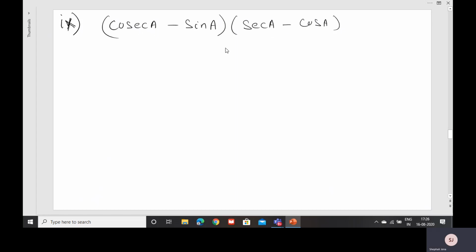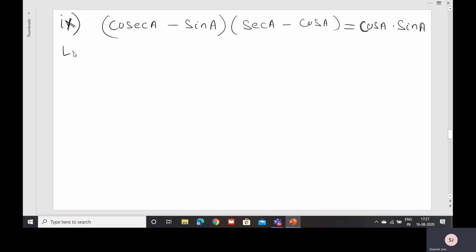We have to prove that the multiplication of these two is equal to cos A into sin A.